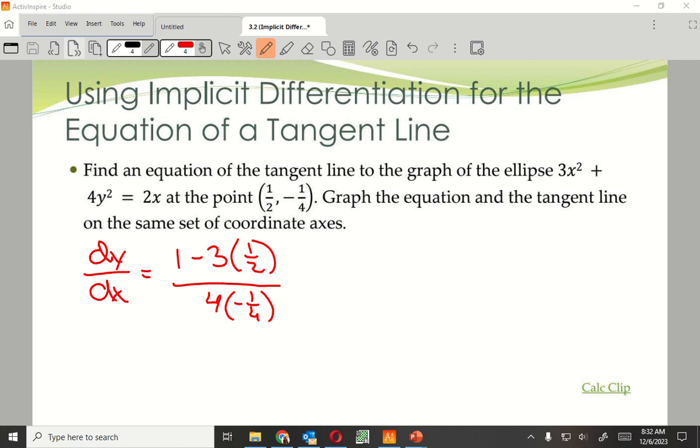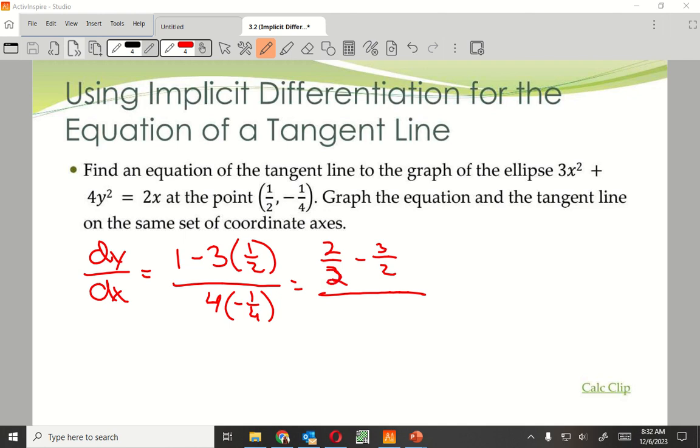So on the bottom, I get -1. On the top, I should get -3/2, but it is a positive 2/2. So here, I'll do my mental math for you. It's 2/2 minus 3/2. That's a 2.